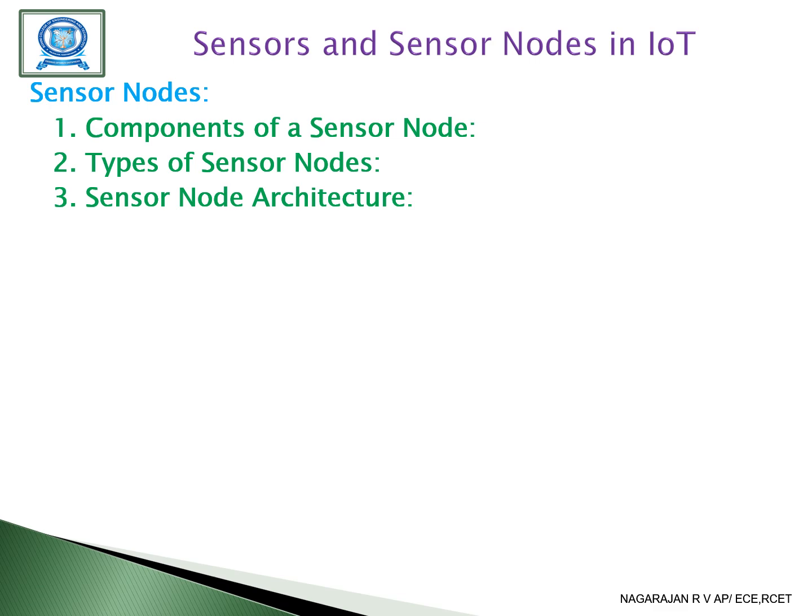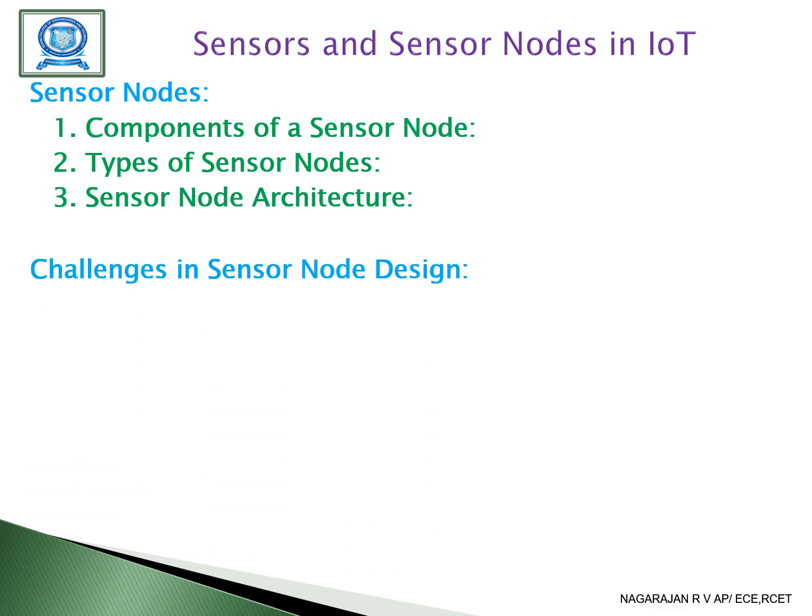In the processing unit, the microcontroller processes the sensor data and manages the node operation. The communication unit handles data transmission using wireless communication protocols. The power management unit ensures efficient use of power, often incorporating energy harvesting techniques to extend battery life.